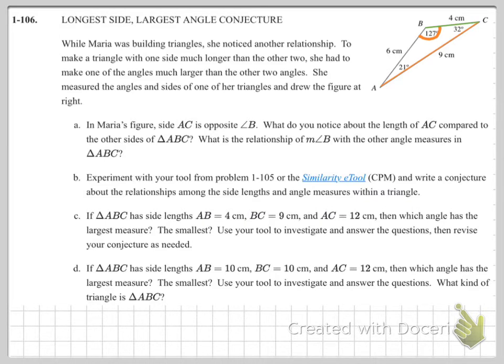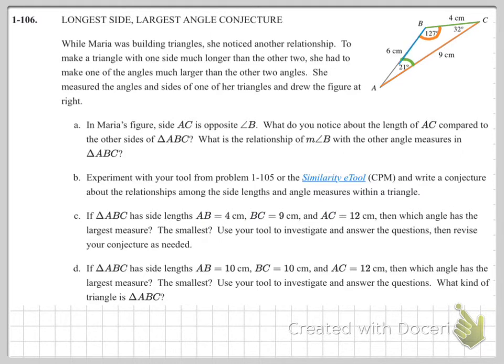If this is side length BC, then B and C can't be involved. It has to be the other corner, which is going to be the 21. And we are going to talk more about some more detailed relationships between them later this year.